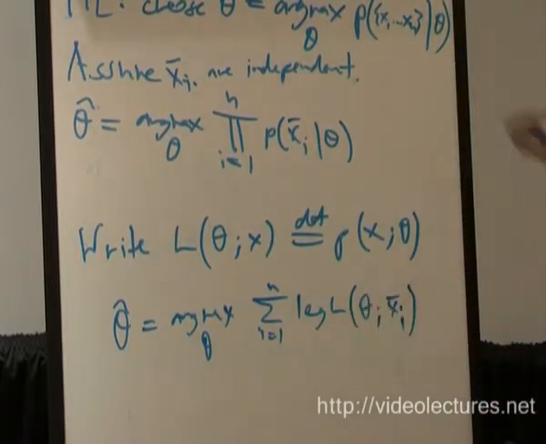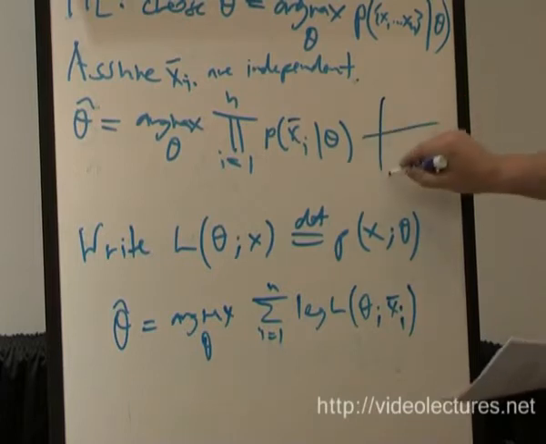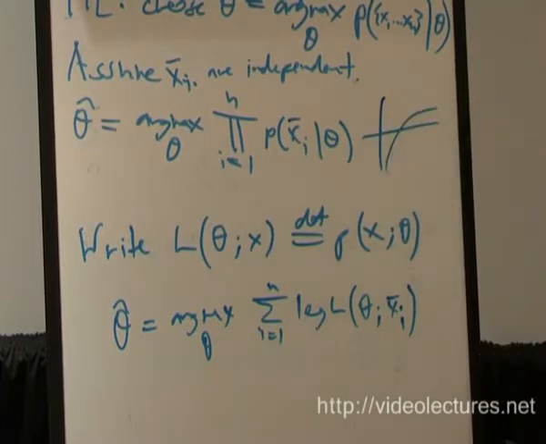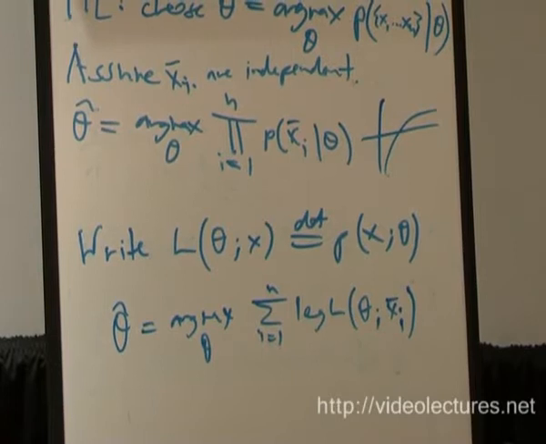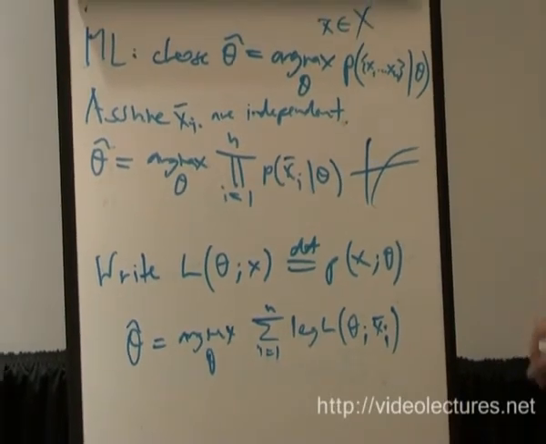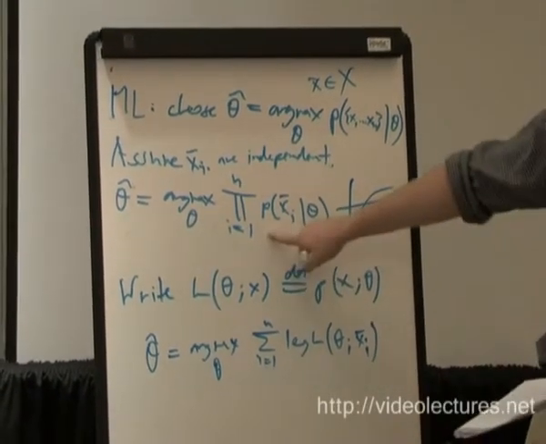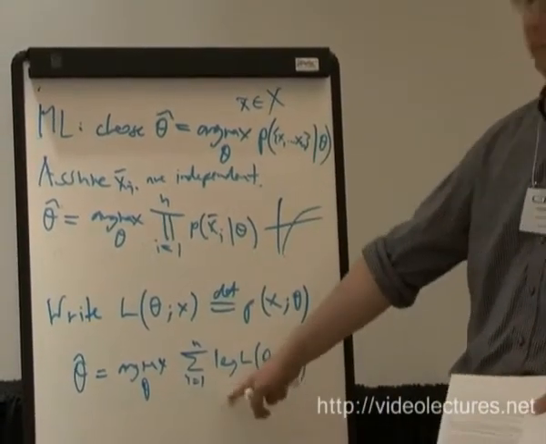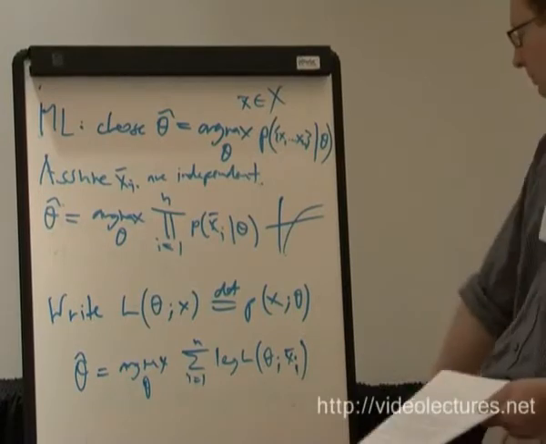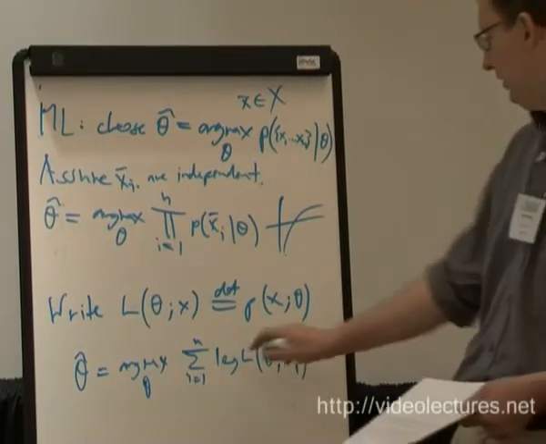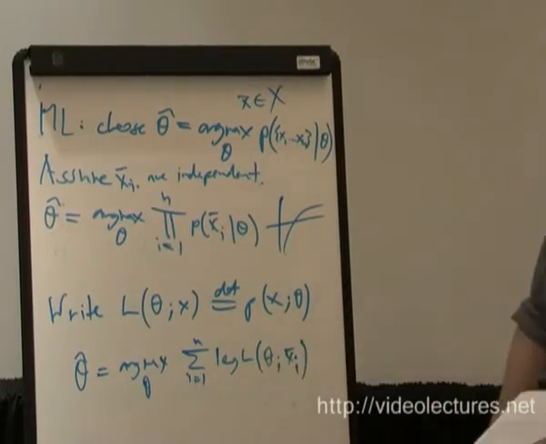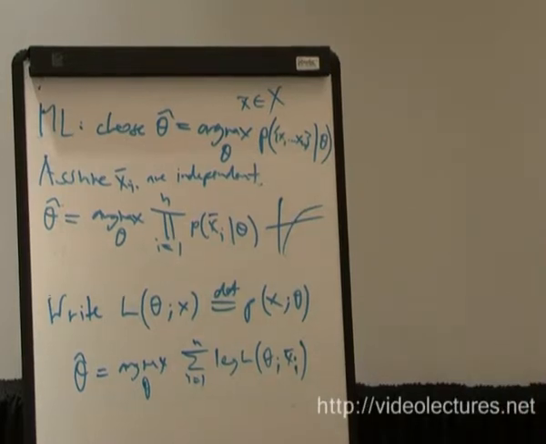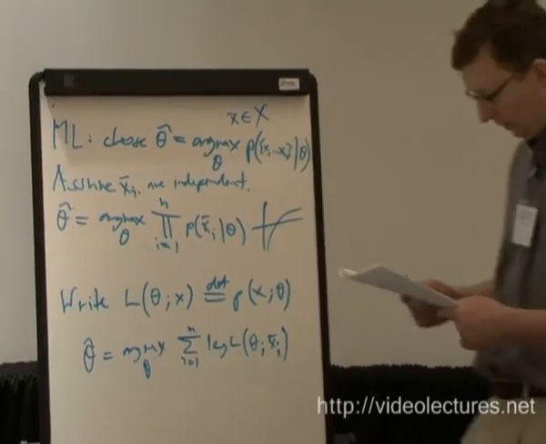The logarithm function is monotonic and strictly increasing, and so maximizing the product of likelihoods is precisely equivalent to maximizing the sum of log likelihoods. So this is called the log likelihood, and the principle says that we want to maximize the sum of log likelihoods.